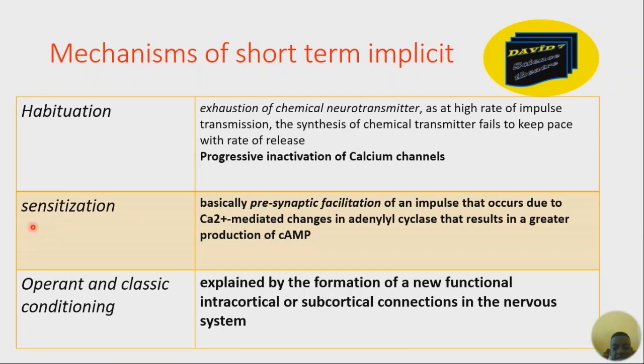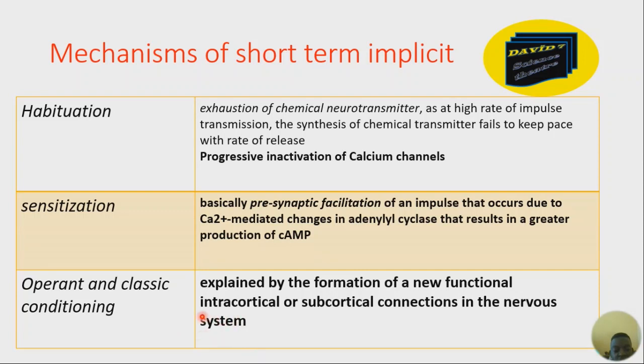And sensitization is basically presynaptic facilitation of an impulse that occurs due to calcium-mediated changes in adenyl cyclase that result in a greater production of cyclic AMP. We also talked about this facilitation being brought about by a third facilitator neuron, which usually releases 5-hydroxytryptamine. Apparent and classical conditioning are explained by the formation of new functional intracortical or subcortical connections in the nervous system.